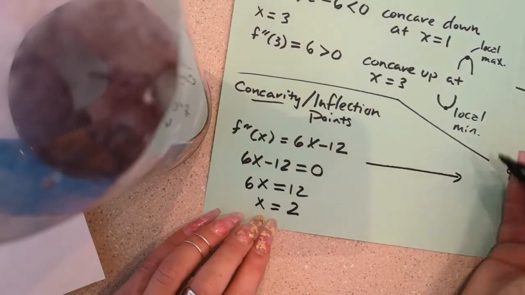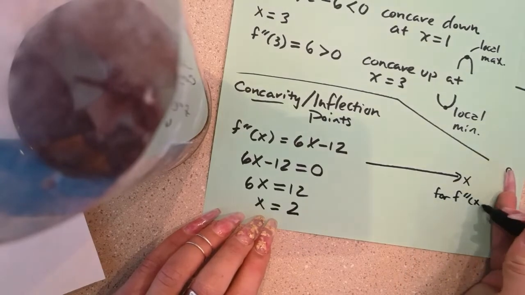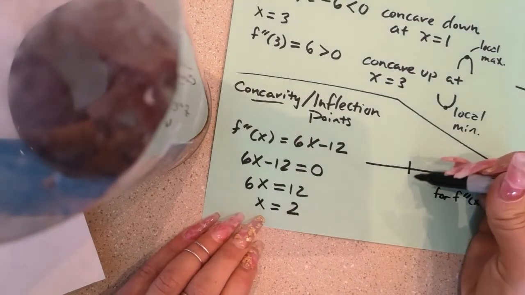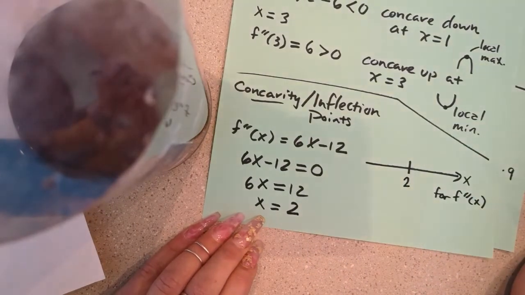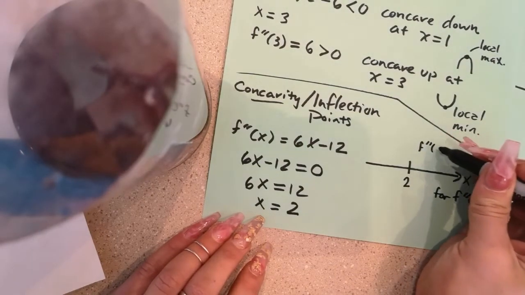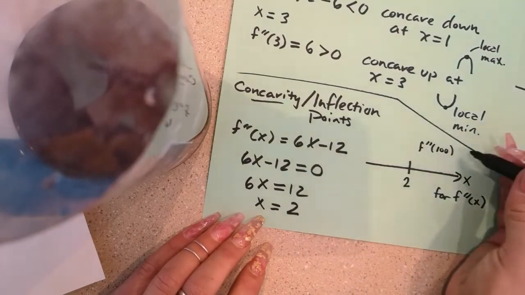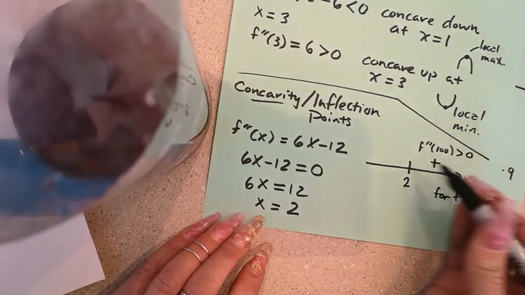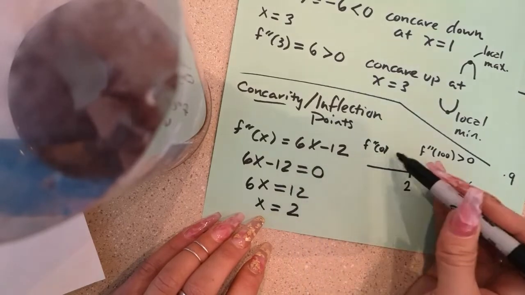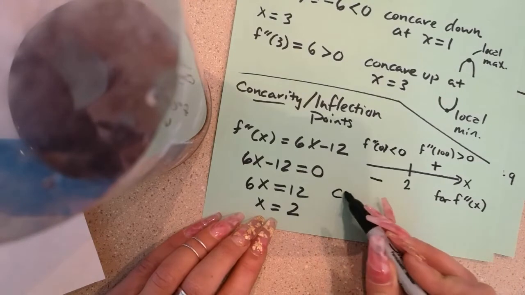So now I make my sign chart, but this time I'm interested in the second derivative. So my potential x value for an inflection point would be 2. So let me see, if I try plugging a big number in the second derivative, that's going to be like 600 minus 12, it's positive, right? Versus if I plug in like 0, well, it's negative. So then what does that tell me?